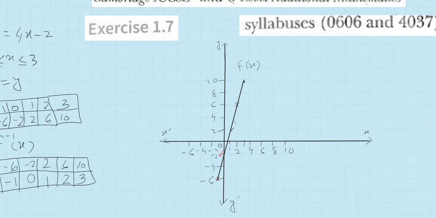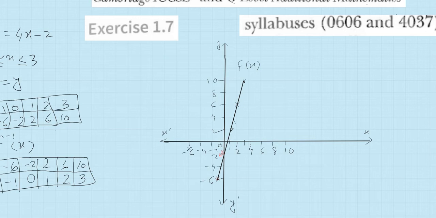Now we have to plot the values from the table of f inverse x. So you can see in the box. Now it's time to plot the values of f inverse x. So the first value is minus 6, minus 1. x is minus 6 and y is minus 1. This is the first point.